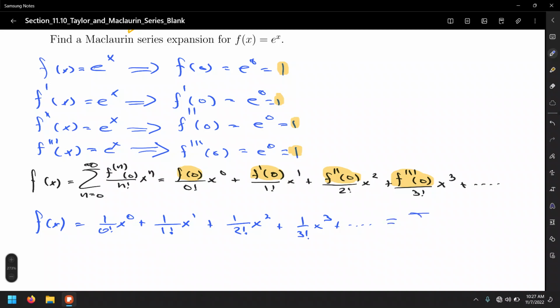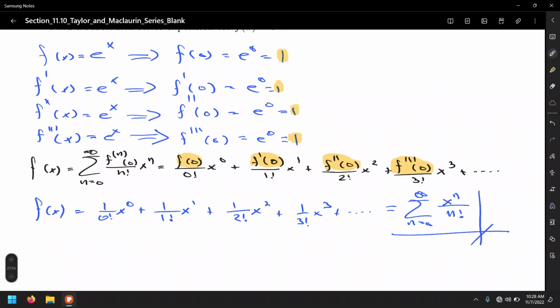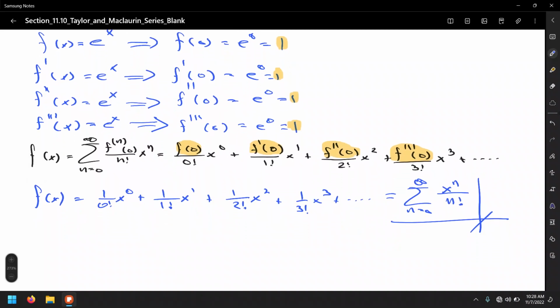And this is sigma n equals 0 to infinity. What do we have? x to the n. And we have the pattern of factorials of the integers. And that's the series expansion for the exponential function.